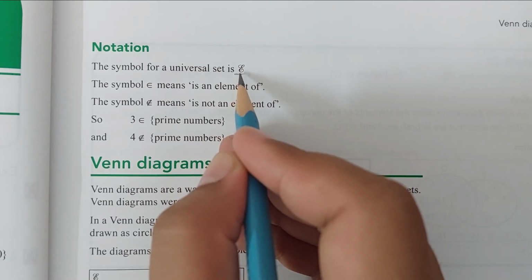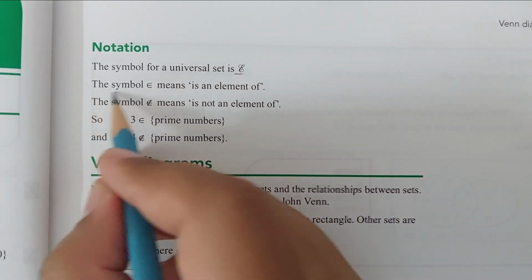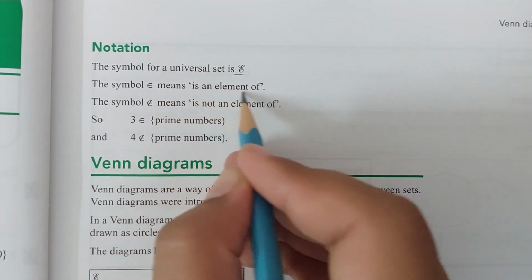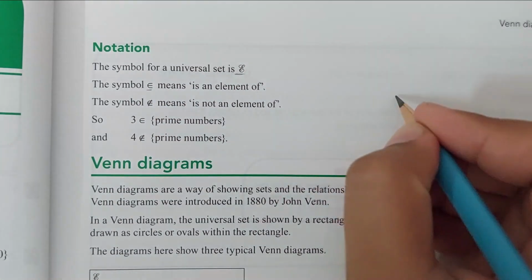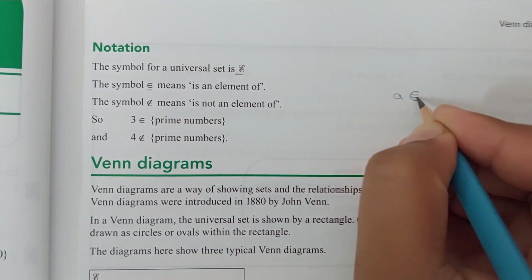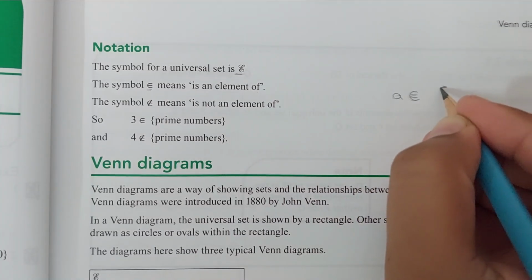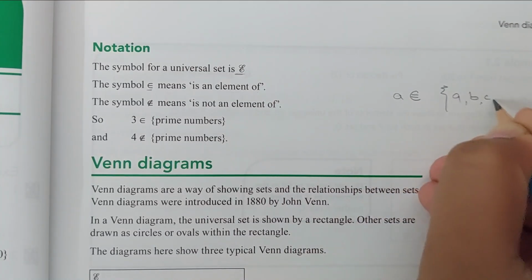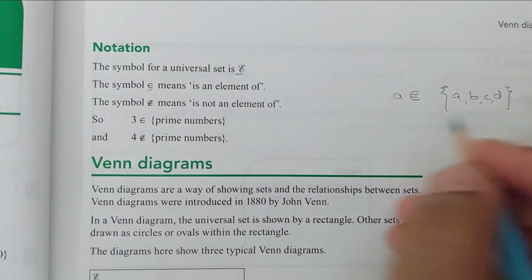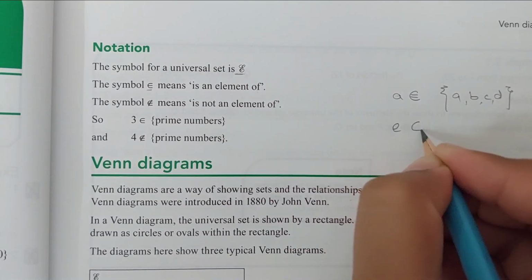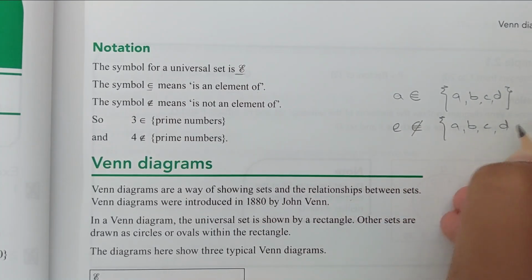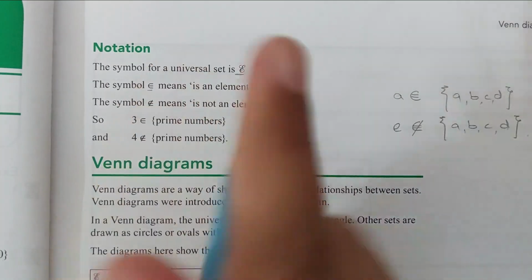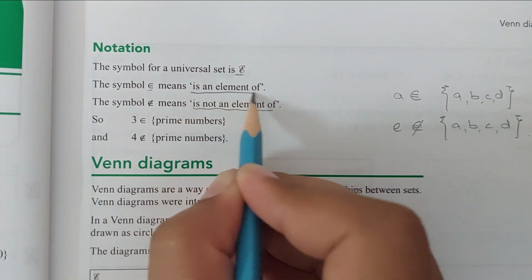This other symbol means is an element of, or you can say it belongs to a set. For example, A is an element of the set A, B, C, D. Or we can say E is not an element of the set A, B, C, D. This is how they define the symbols.